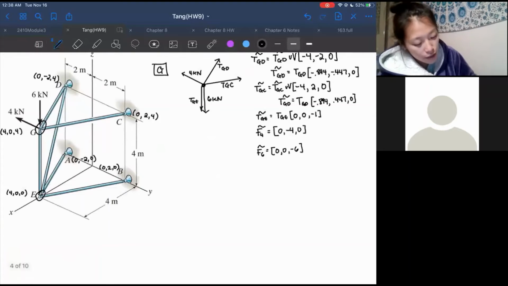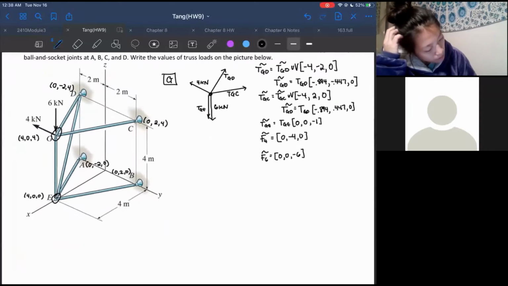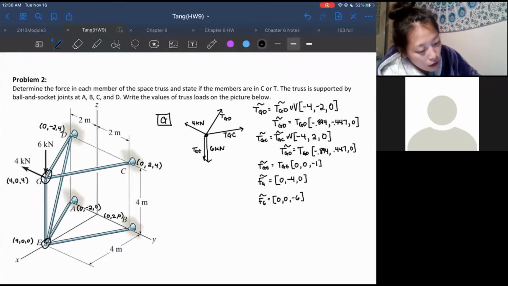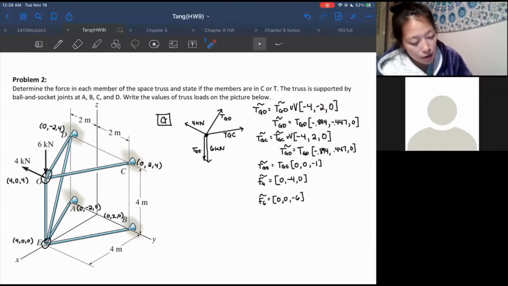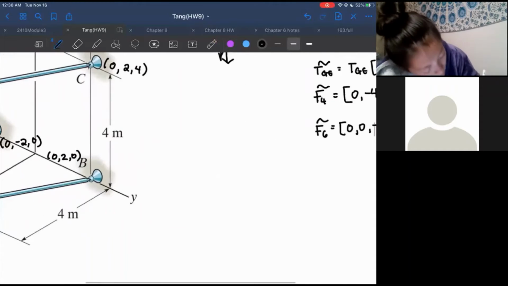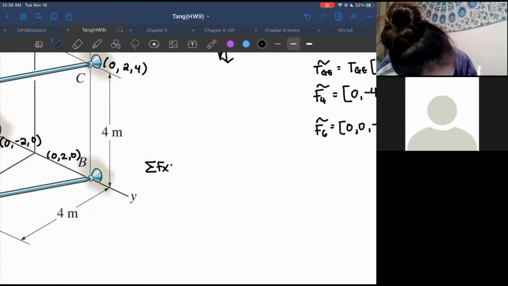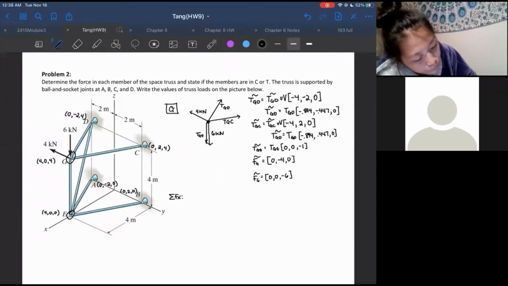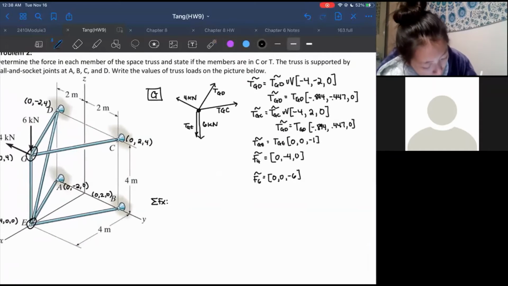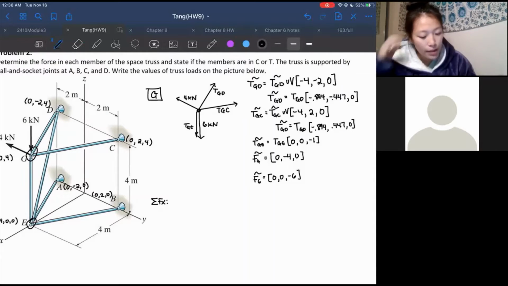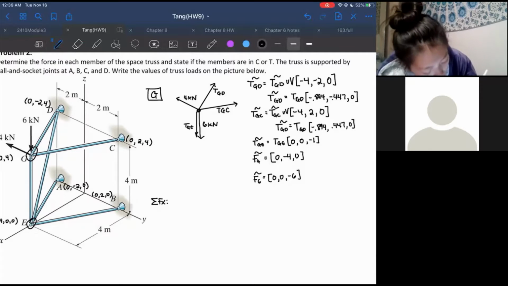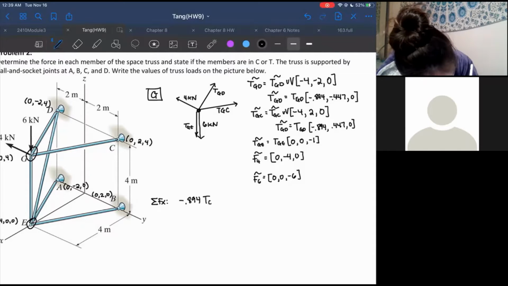And now we're going to do the equations of equilibrium. I usually like to start where I write all the sigma F of x, then F of y, and then F of z all together. So just start with F of x. I start with TGD times negative 0.894, because that's the x for TGD.